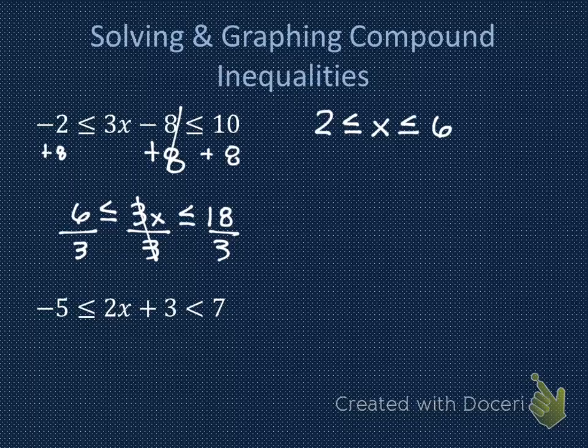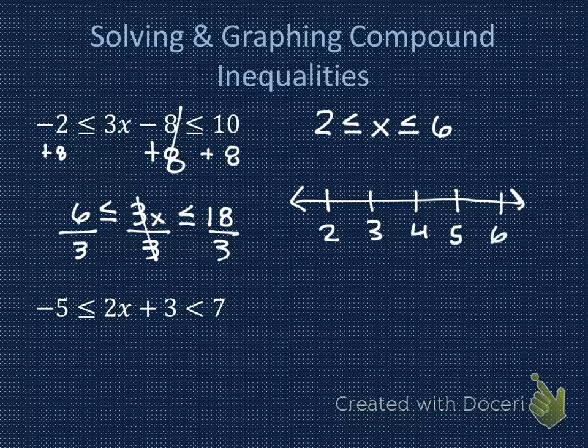Here's the thing about compound inequalities. What they tell me is that I have a 2 and a 6, and x has to fall between those two numbers. So when I graph it, okay, I'm going to have a 2, 3, 4, 5, 6, and I'm going to graph this on the same number line.